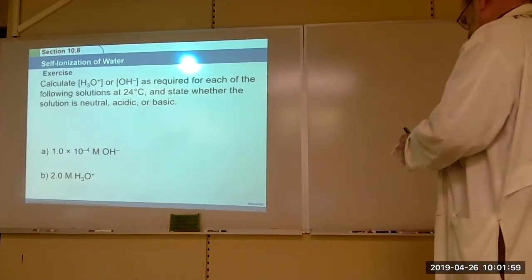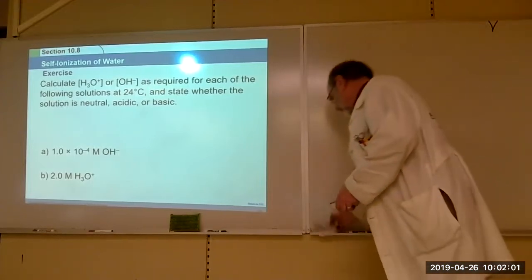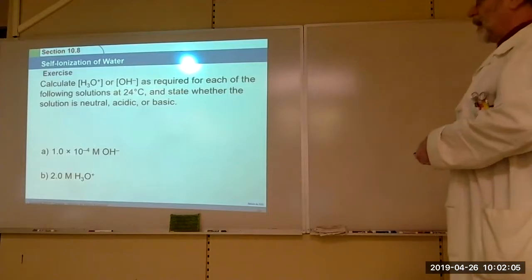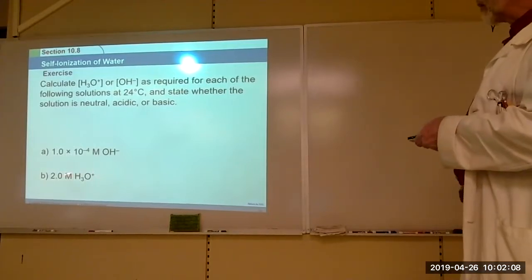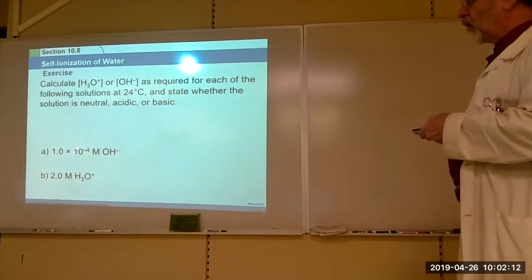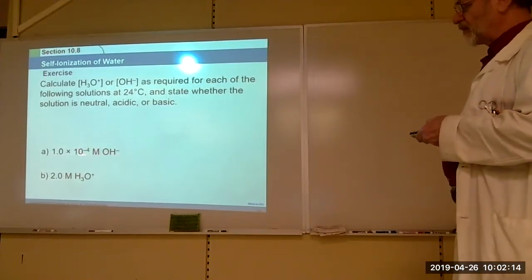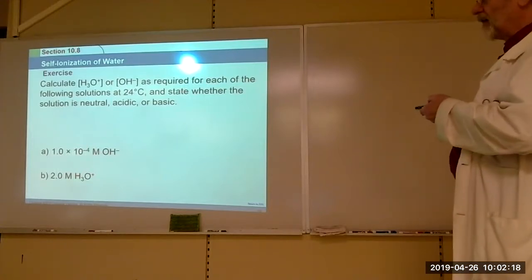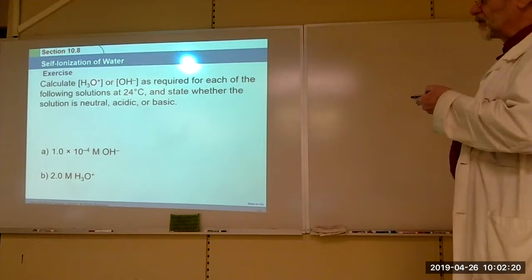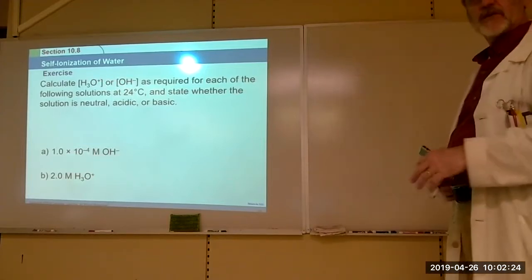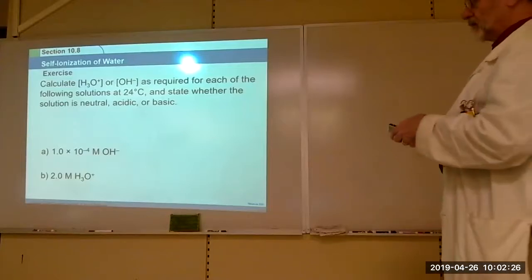So let's take this as an exercise and see if we can make sense of it. So we have two different solutions. We want to determine whether it's neutral, acidic, or basic for each one. So what we have to do is find out what's the relative amount of each one of these, which one's bigger, to tell you whether it's acidic or basic.